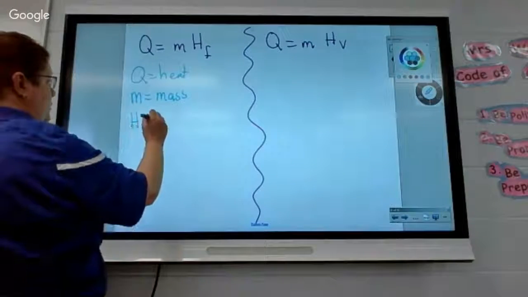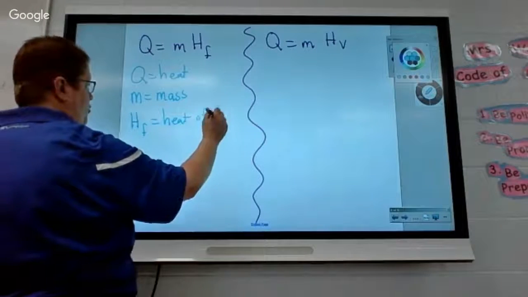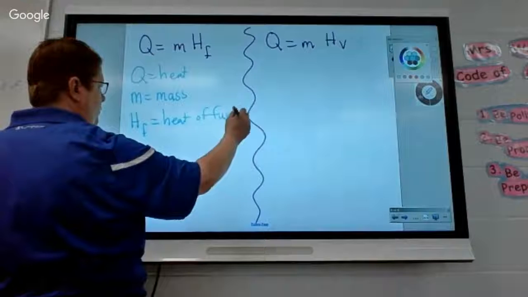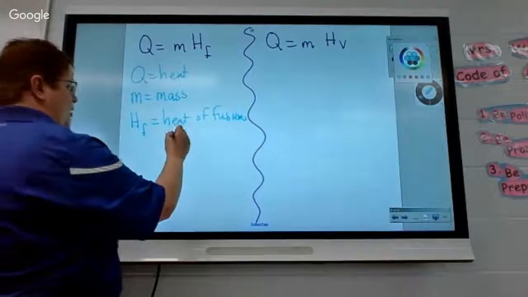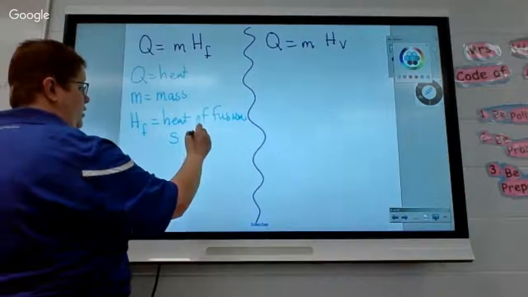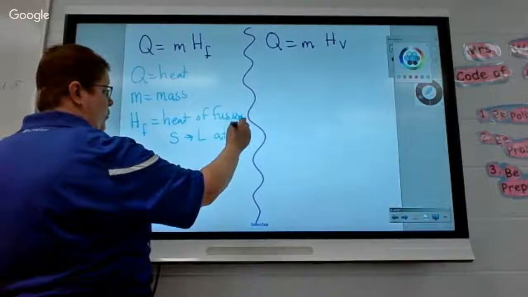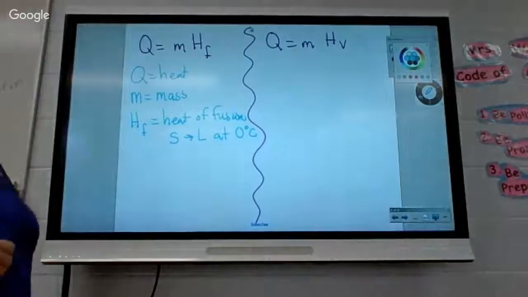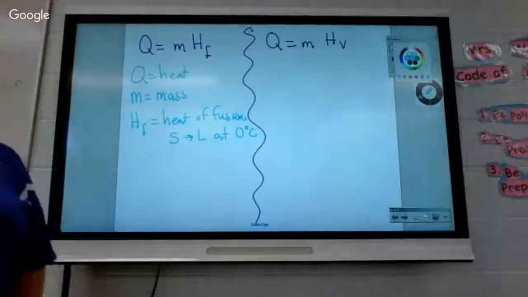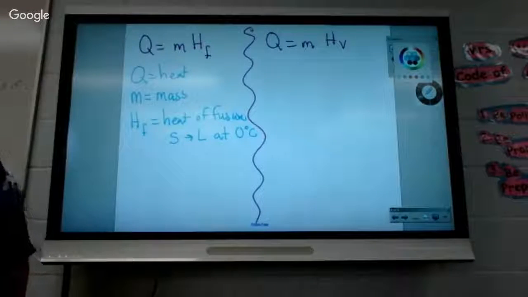HF is heat of fusion. We use this from a solid to a liquid at 0 degrees Celsius. You only use this formula when you change from a solid to a liquid at 0 degrees Celsius.